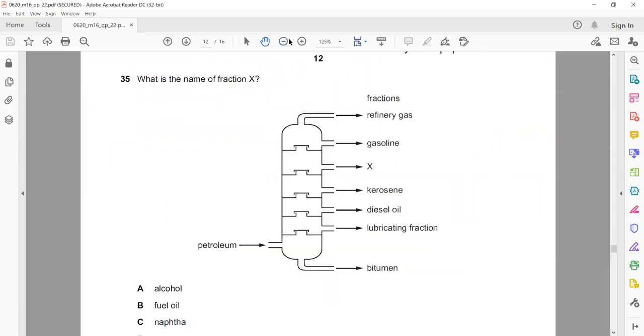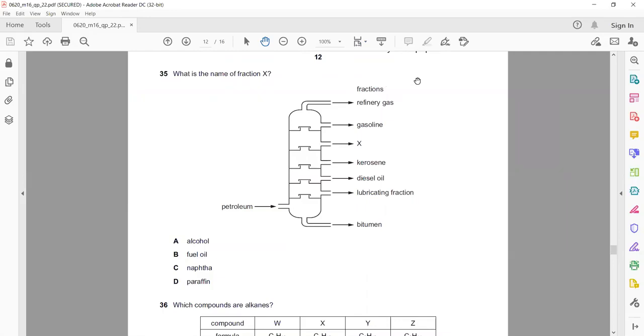Question 35. What is the name of fraction X? What do we obtain between gasoline and kerosene? Which fraction?